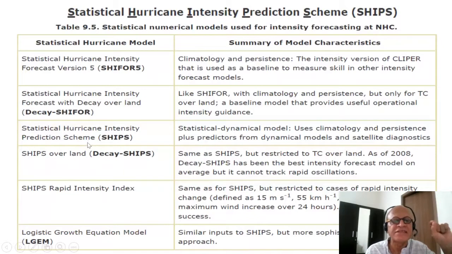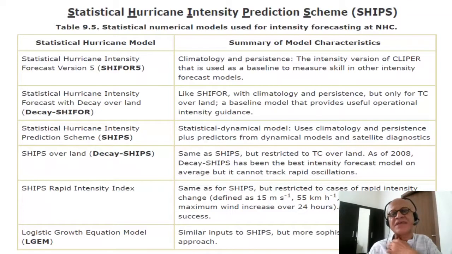SHIPS, the Statistical Hurricane Intensity Prediction Scheme, which is mentioned here, is a statistical dynamical model. It uses climatology and persistence plus predictors from dynamical models and satellite diagnostics. So it uses humidity, vertical shear, maximum sustained winds, and so on, and builds a relation.